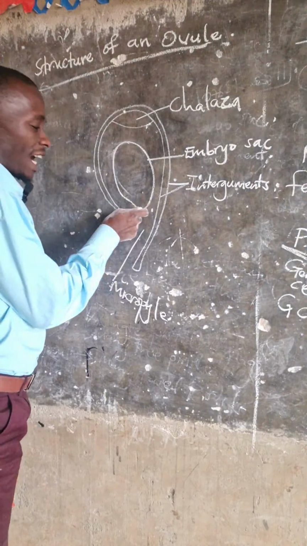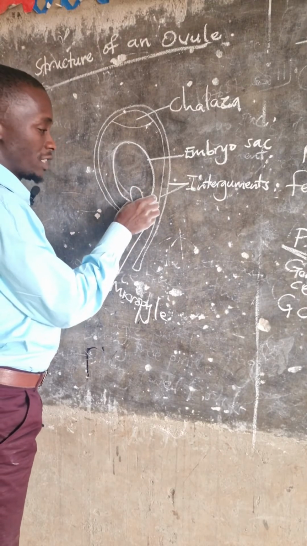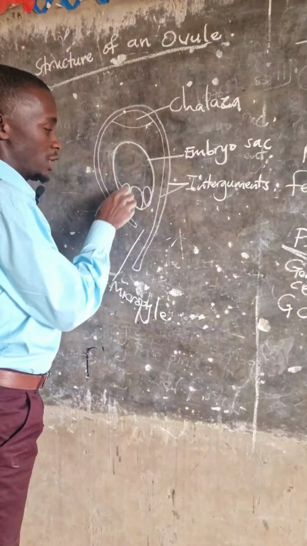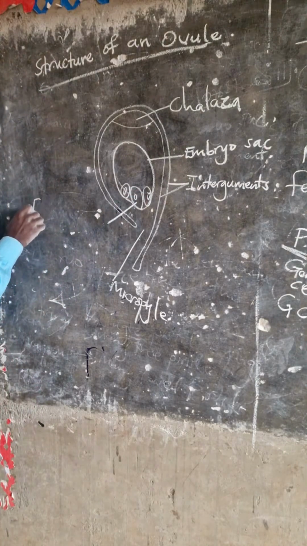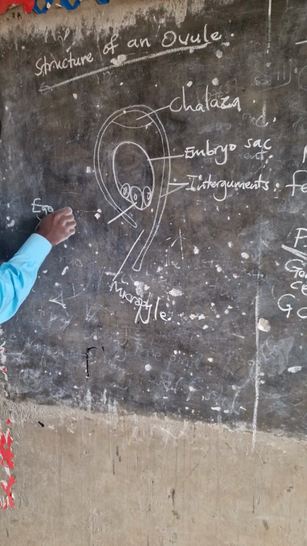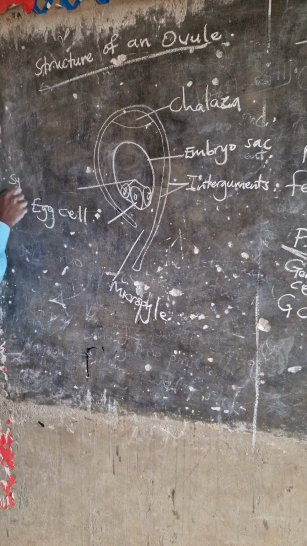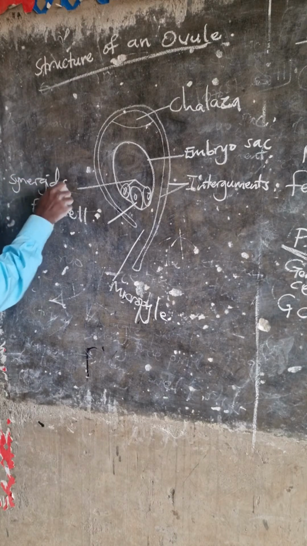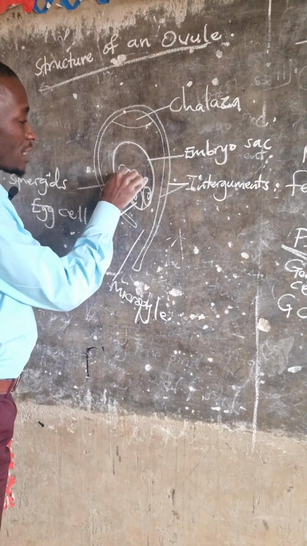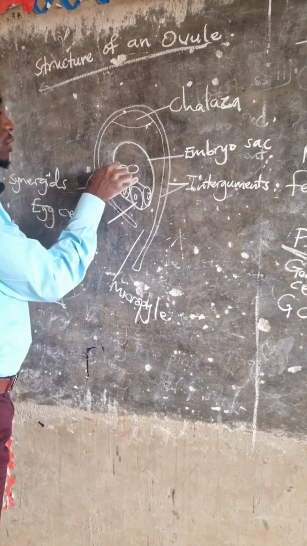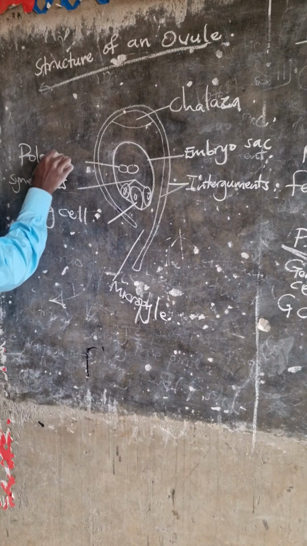Inside the embryo sac, there are 3 cells at the opening near this micropyle, each with a nucleus, and the middle one is known as the egg cell. These other 2 cells are known as the synergids. In the middle of the embryo sac, there are 2 nuclei, and this pair of nuclei are known as the polar nuclei.